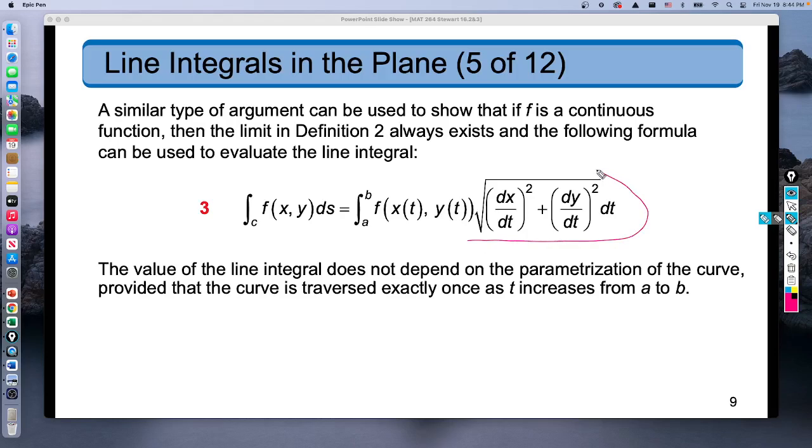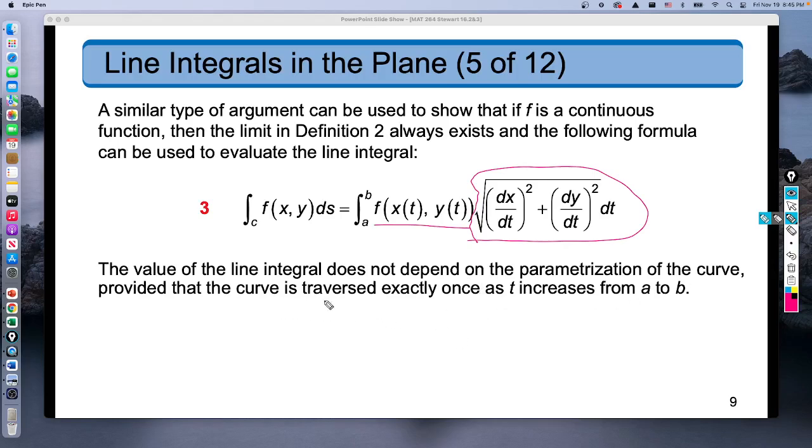This part here is going to give us the length of the curve, and this is the function value from a to b. So again, what it gives us is sort of an area, right? The length times the height. So that's going to give us an area.